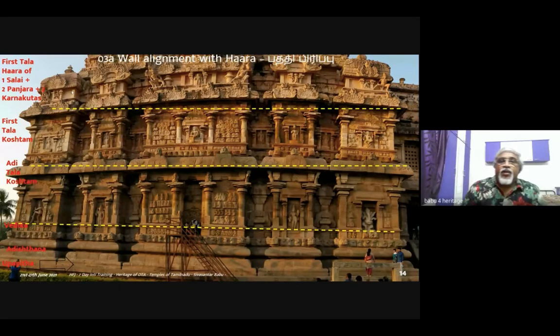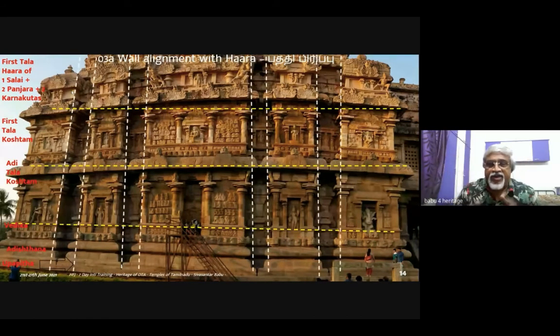Okay. So if you cut it vertically, usually they cut it with the rekha or something aligned with this small aedicule, either Hara or Panchara or Karnakuta, and this is called Pati. Or in North India, we call it rekha.